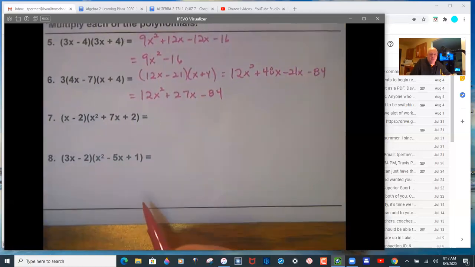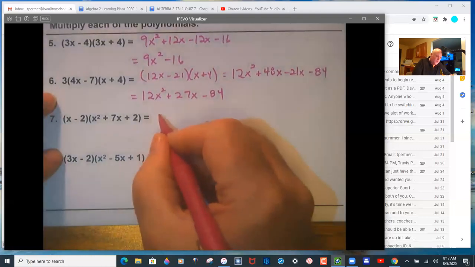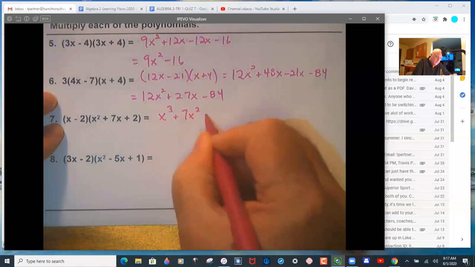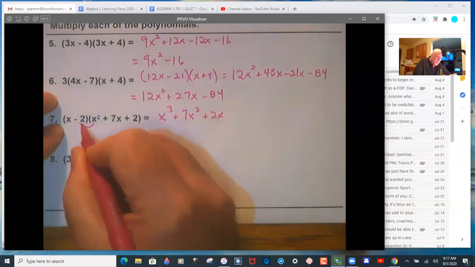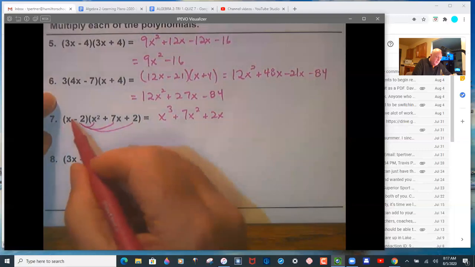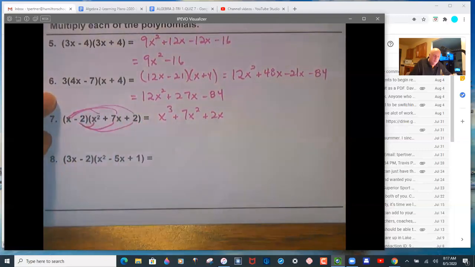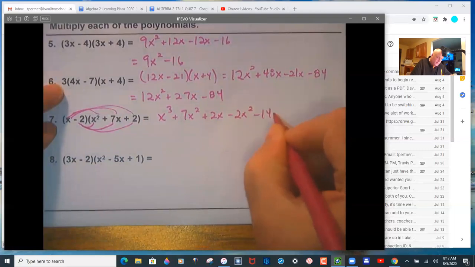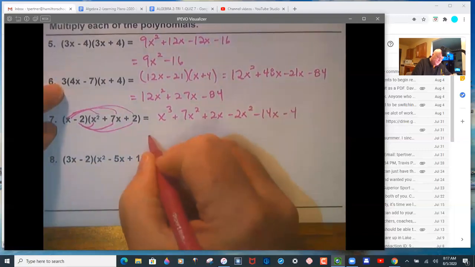Here you have 6 products on both of these. So you're distributing the x through everything, and then the negative 2 through all of those. The x goes there. So minus 2x squared minus 14x minus 4.